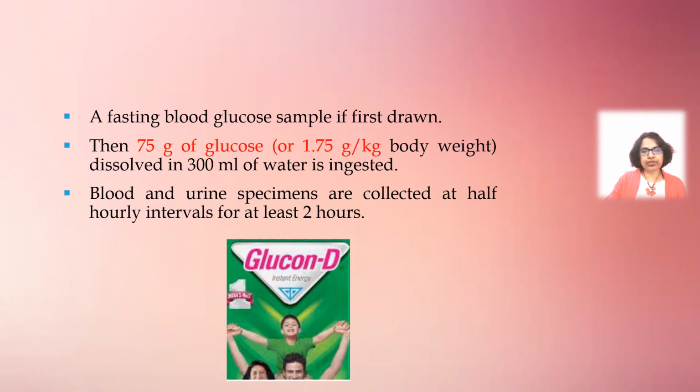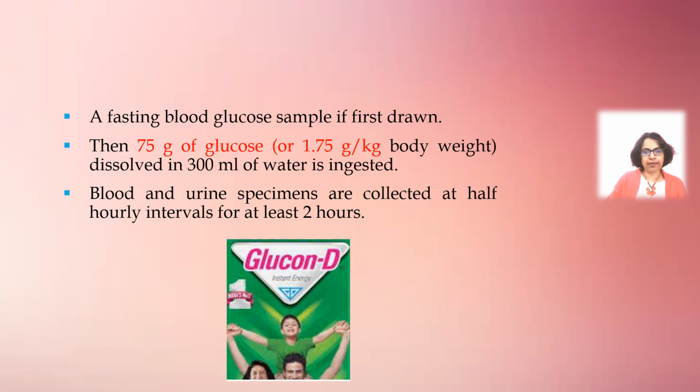Then a fasting blood glucose sample is first drawn. Then 75 gram of glucose, or 1.75 gram per kg body weight, dissolved in 300 ml of water is ingested. First we need to draw a sample under fasting condition. Then we need to administer 75 gram of glucose according to his body weight, dissolved in 300 ml of water.